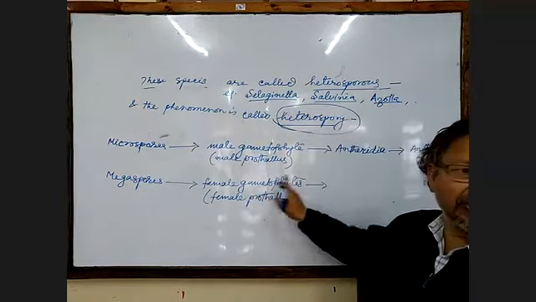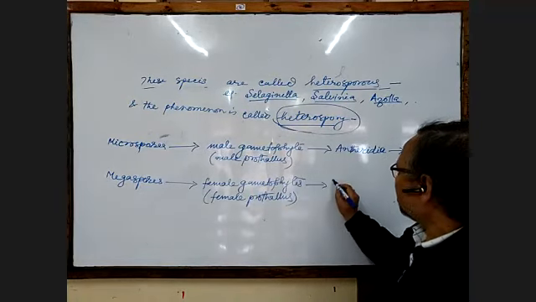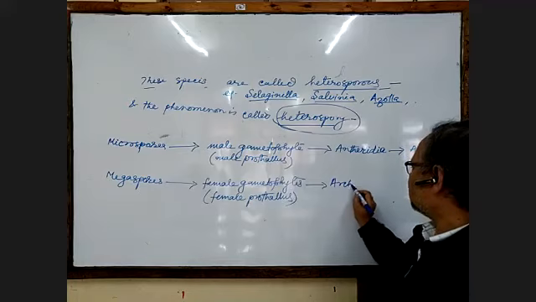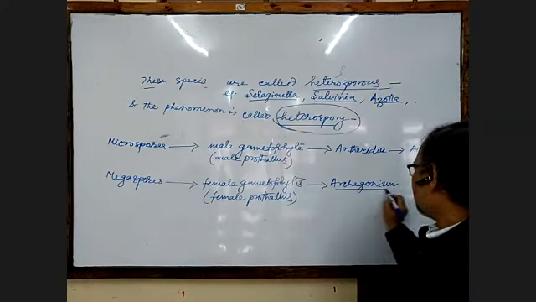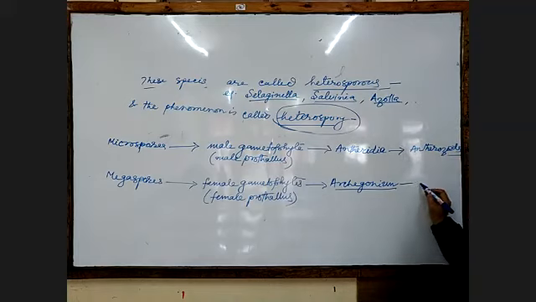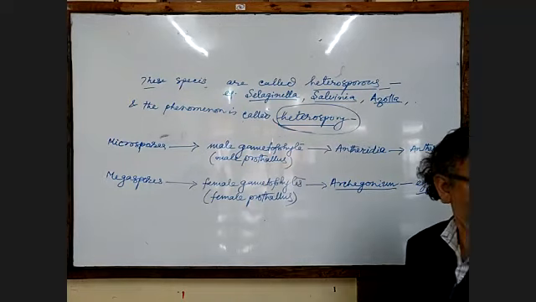This will produce the female sex organ, that is archegonium. Archegonium produces egg or the female gametes.